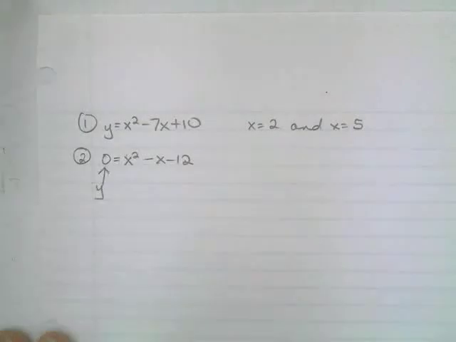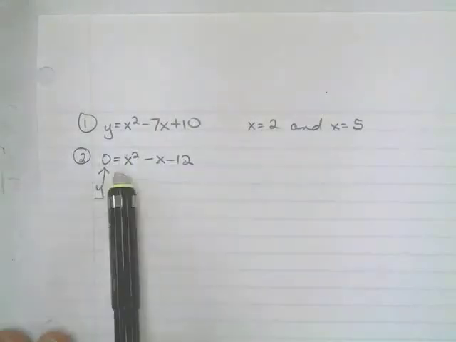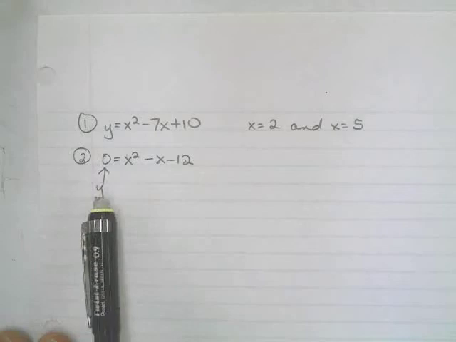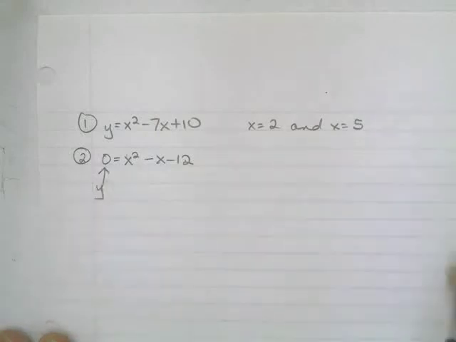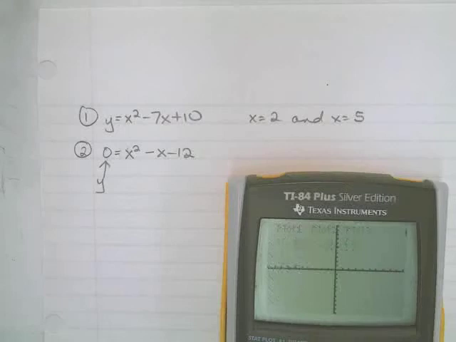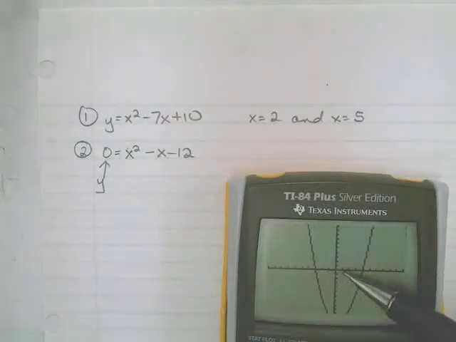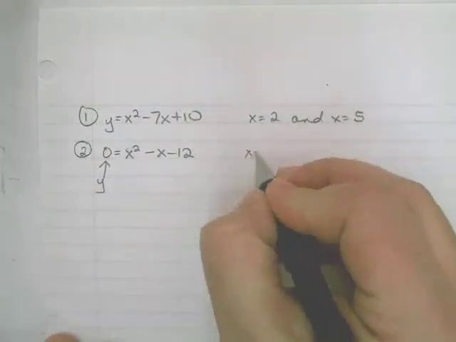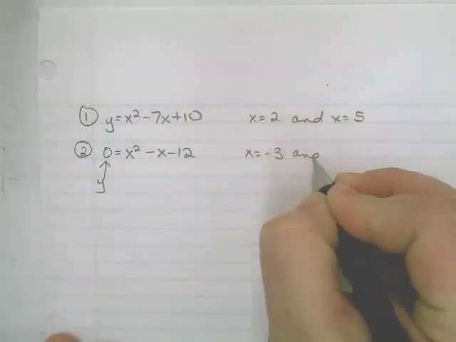Because what I'm doing is finding out when those things are 0, and so that's why I'm able to plug y in there. So I go back to my graph, clear this out, x squared minus x minus 12, go to graph, and this one crosses at negative 3 and positive 4. So the two real solutions are at negative 3 and positive 4.